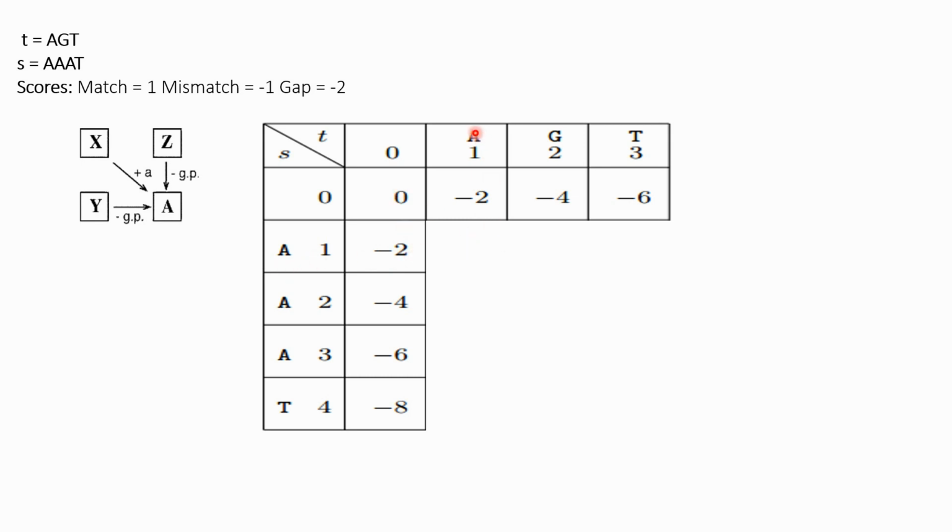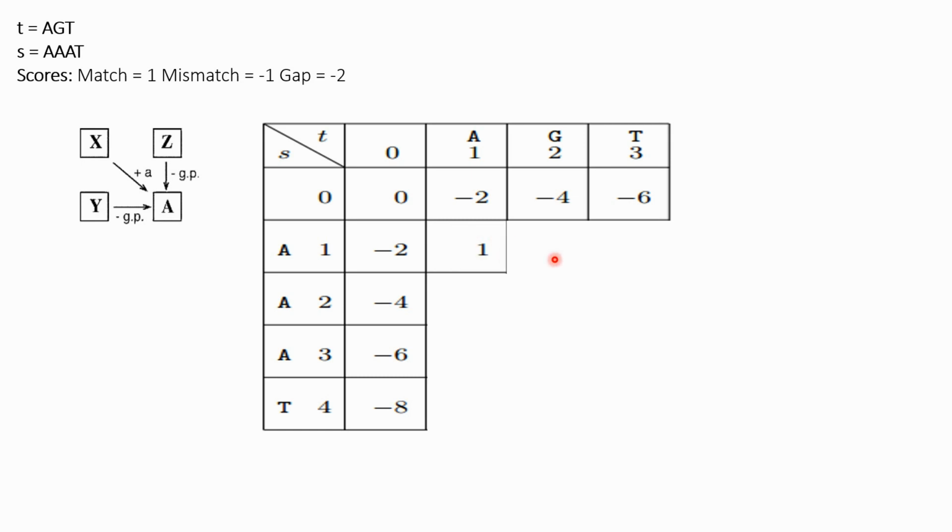There is a match, A and A. So first we add the match score here: 0 plus 1, it becomes 1. Then minus 2 plus minus 2 becomes minus 4, and minus 2 plus minus 2 becomes minus 4. So 1 is the maximum out of these three boxes.